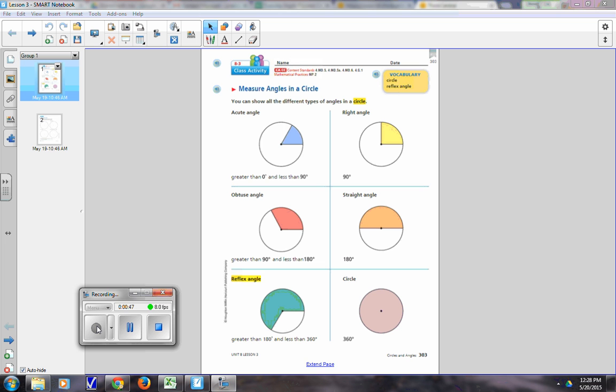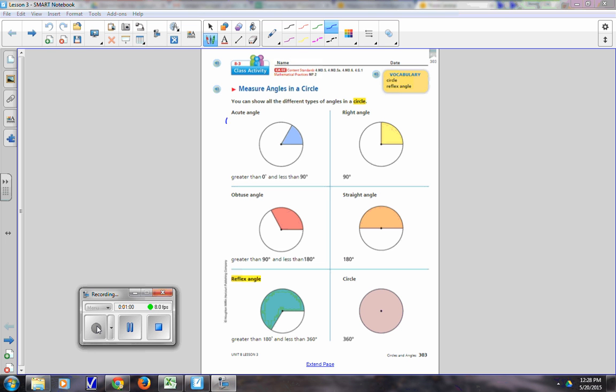Many angles can be drawn in a circle, and the sides of each angle all start from the center, just like our vertex, but will hit the circle in different places. So for example, this cute little angle, the acute angle, that's this blue area right here.